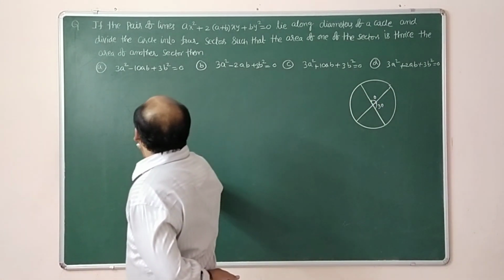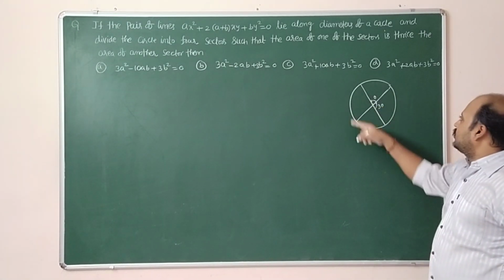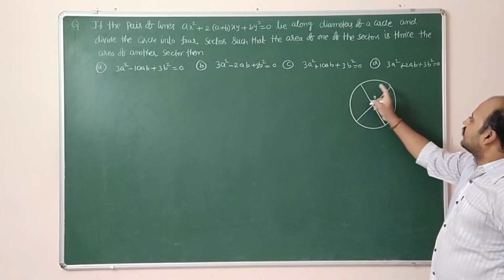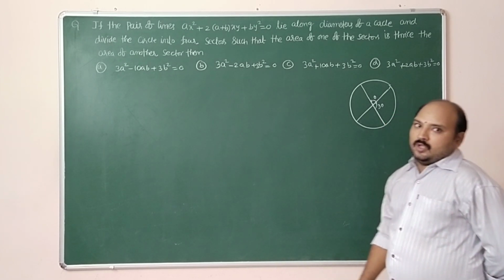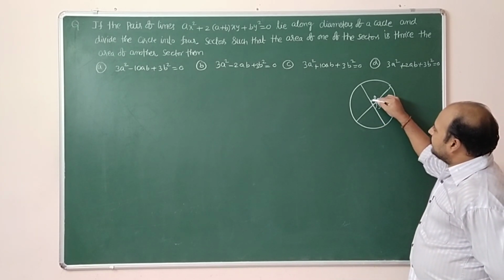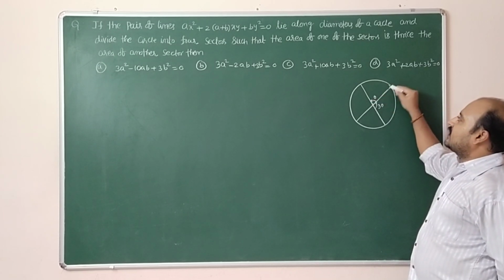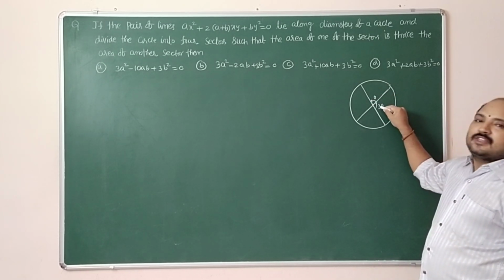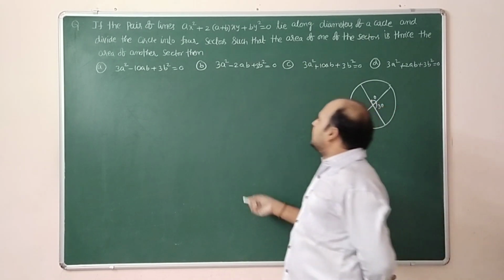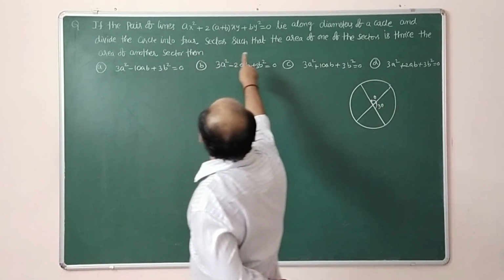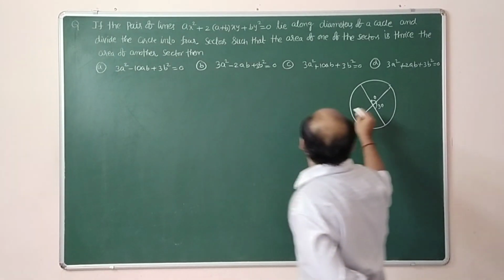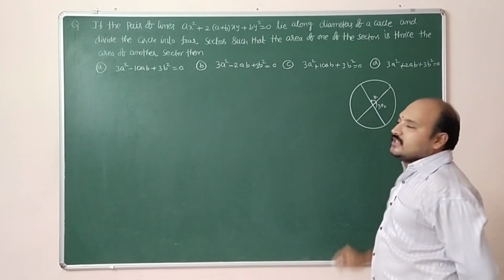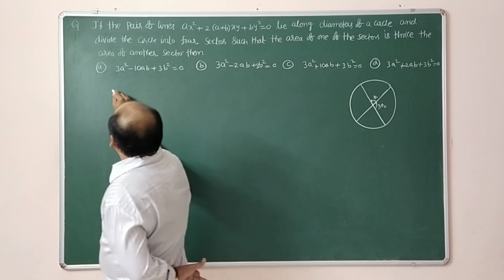See here, according to the question, if you draw the figure, this is one sector, this is thrice. That means if one sector makes an angle theta, the other sector makes 3 theta. So in the same way, the area of one of the sectors is thrice. If we consider one angle theta 1, another is 3 theta 2.